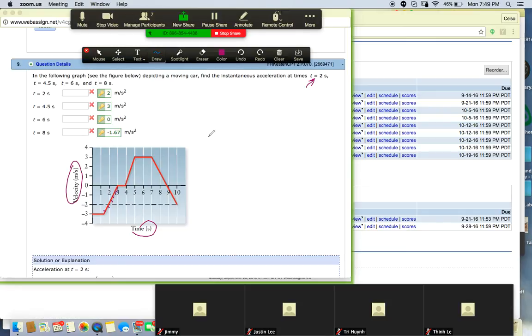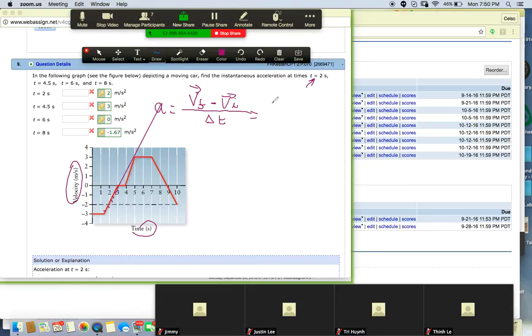The definition of acceleration is final velocity minus initial velocity over time interval. This is the definition of average acceleration at that point. So it's the slope, because this is a straight line.